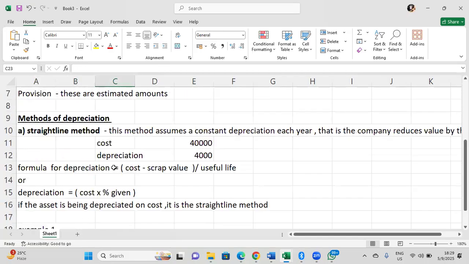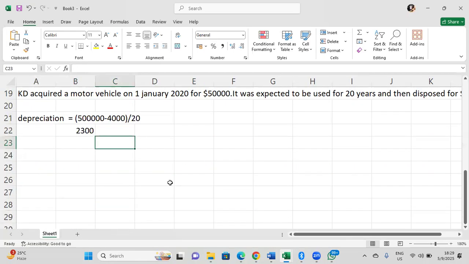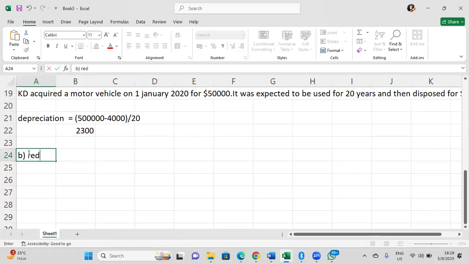Let's move on. Method number 2. The first method, method A, is the straight line. The second method is called the reducing balance method.